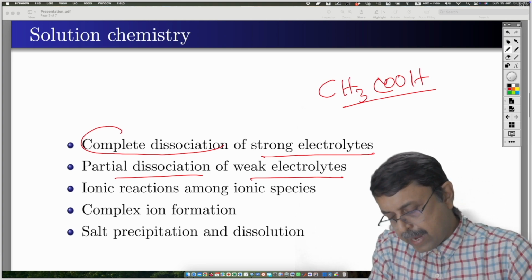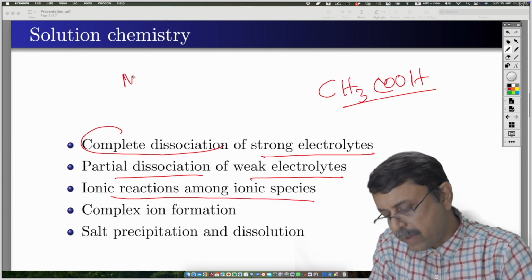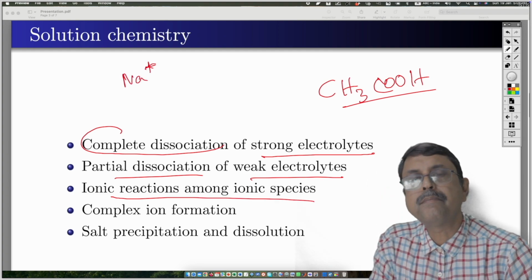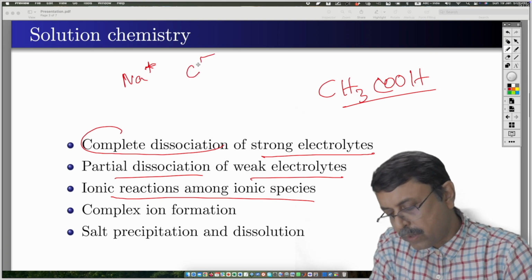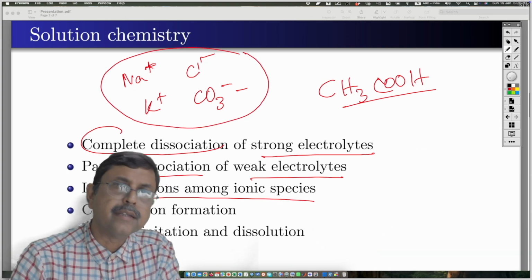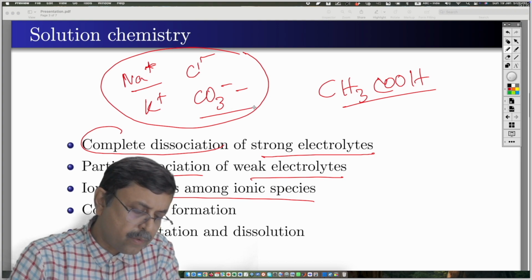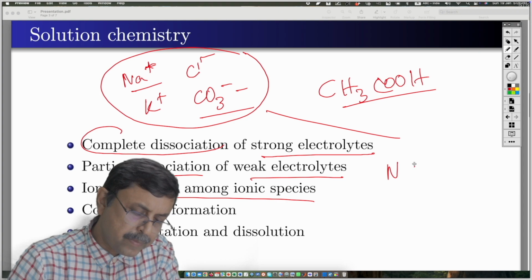Okay, and the ionic reactions among ionic species, that means suppose you have sodium ion, chloride ion, then potassium ion, carbonate ion, they react with each other. That means Na+ and CO3 2-, they react with each other to form Na2CO3.